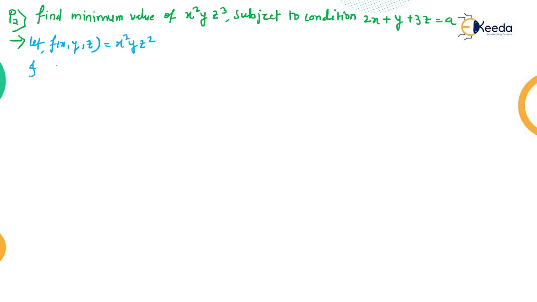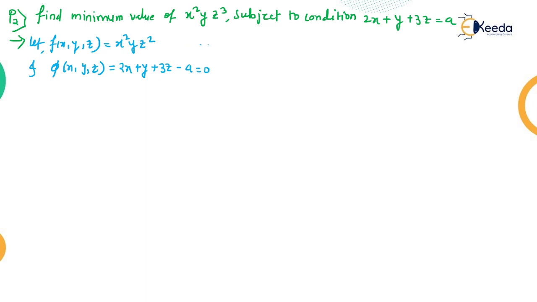And phi of xyz is 2x plus y plus 3z equal to a, shifting a to the left-hand side we get 2x plus y plus 3z minus a equal to 0.